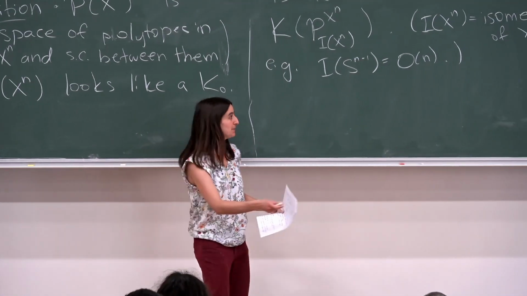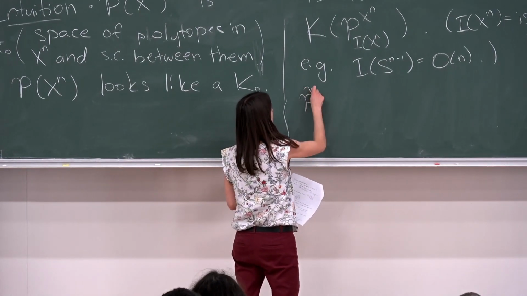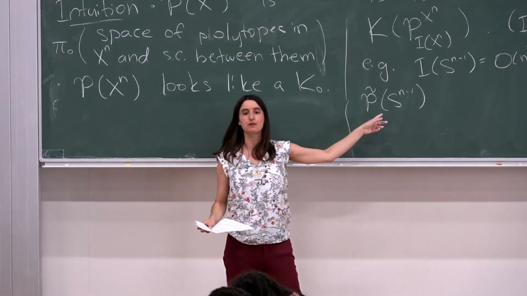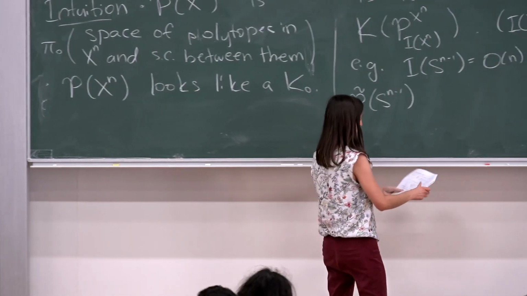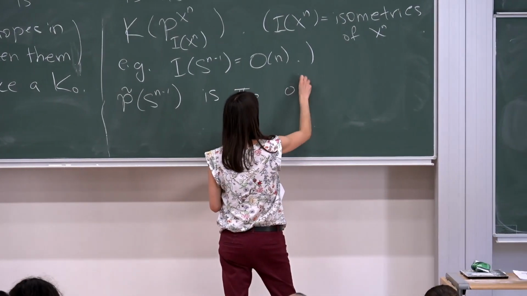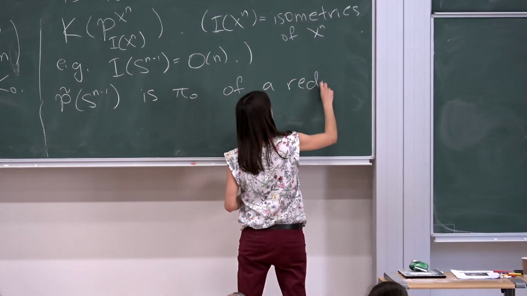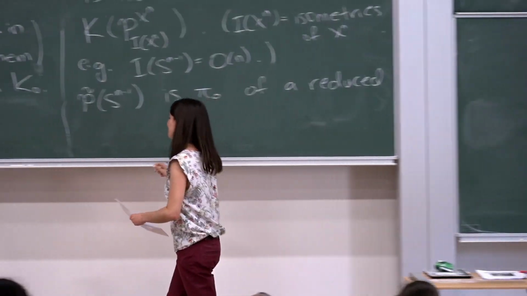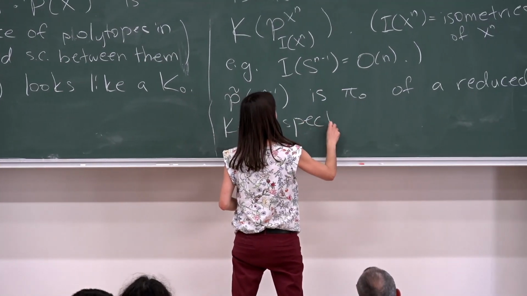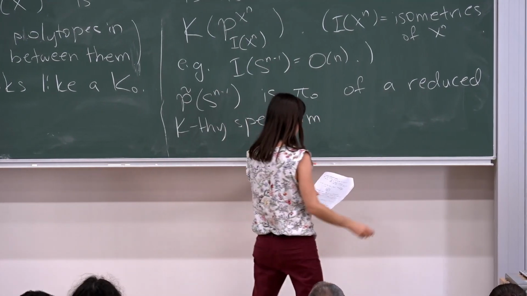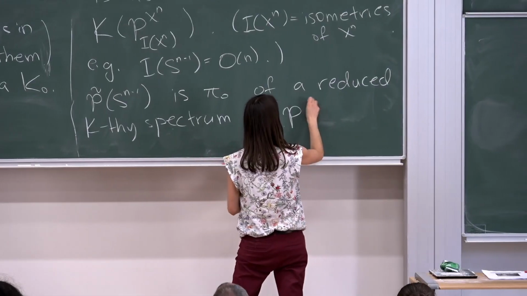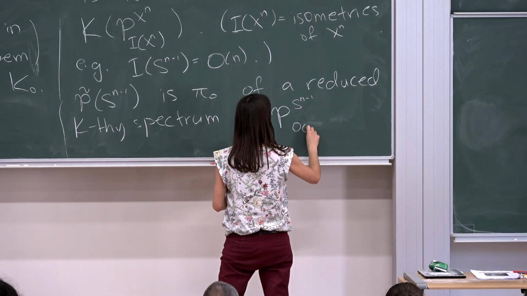And maybe I'll also say, for our purposes, reduced spherical scissors congruence K-theory is also pi 0 of a reduced K-theory spectrum. Let's call that K tilde of P(S^(n-1), O(n)).